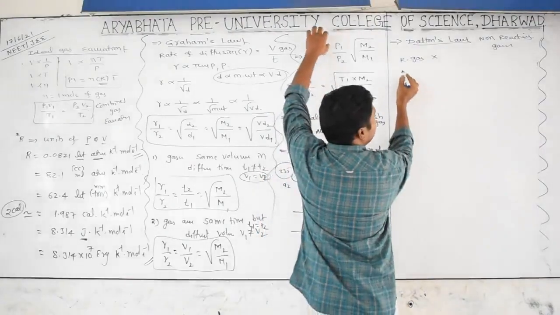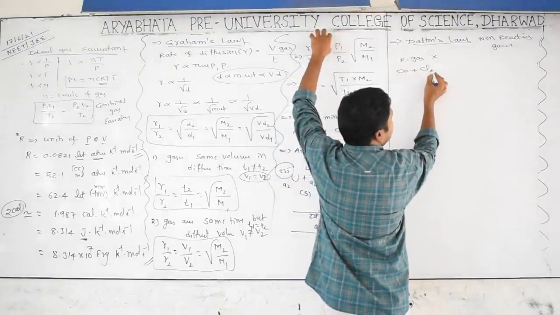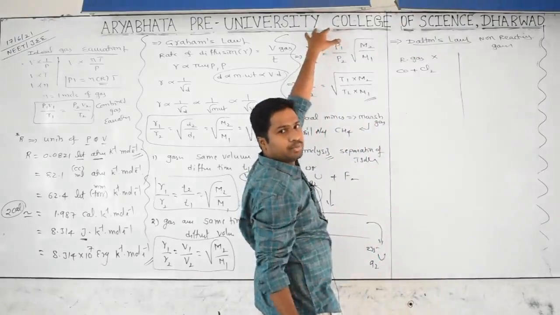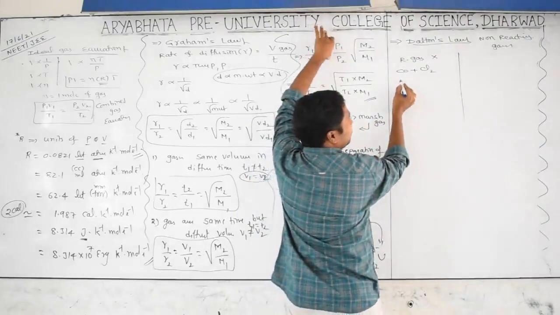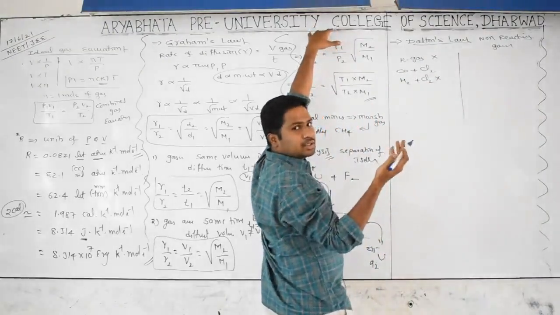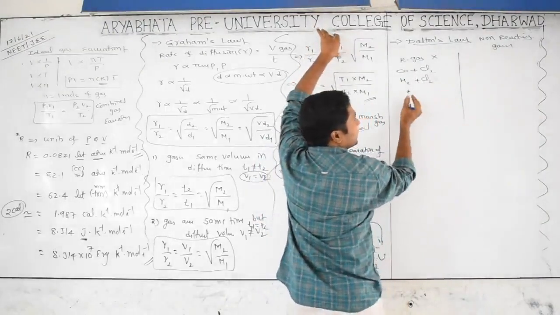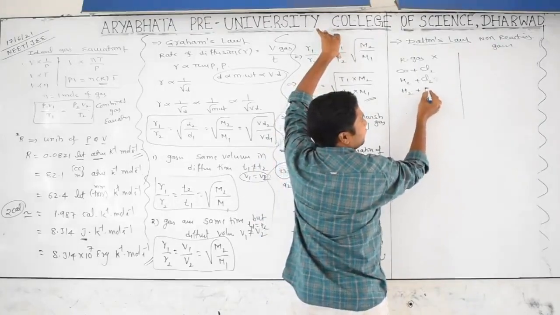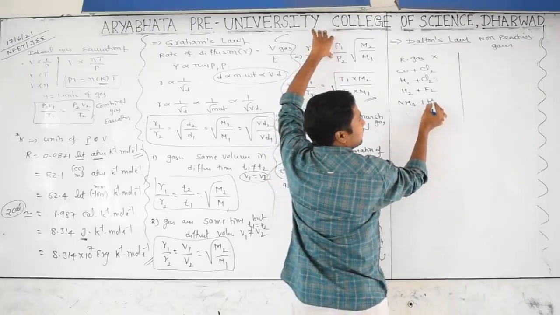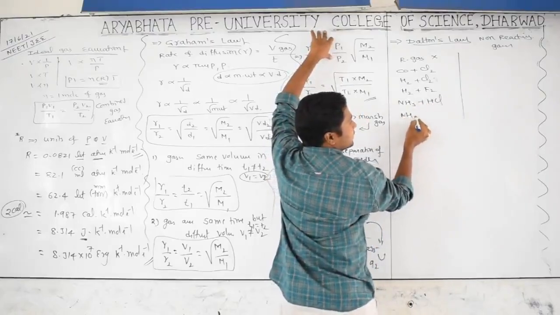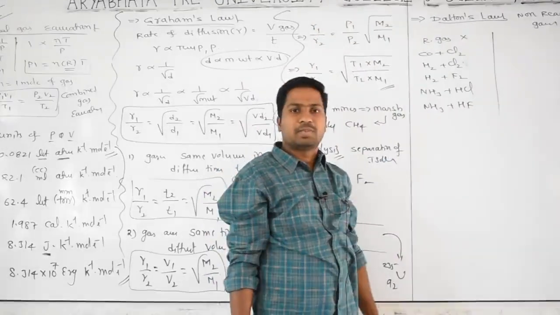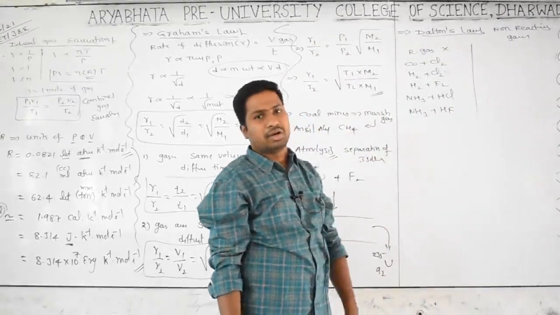If you take CO plus Cl2, Dalton's law is not applicable, because they combine together and give a new compound at ordinary conditions. H2 and Cl2 react easily, that's why we can't apply Dalton's law. Like that H2 plus F2, NH3 plus HCl, and NH3 plus HF. These are all highly reactive gases, so Dalton's law is not applicable.